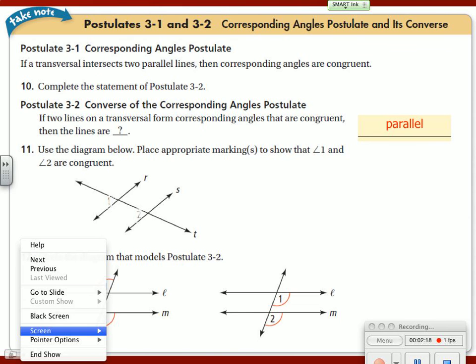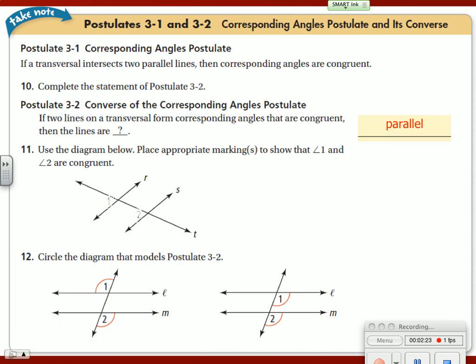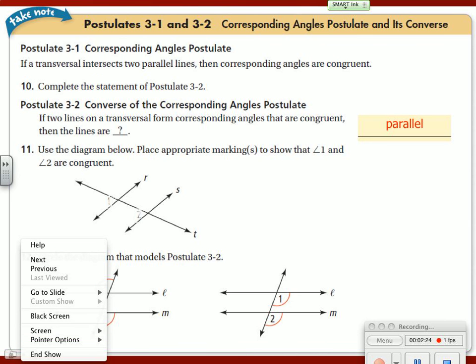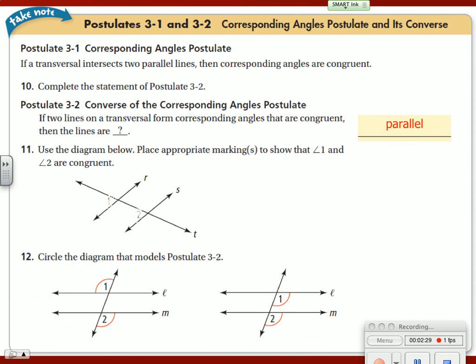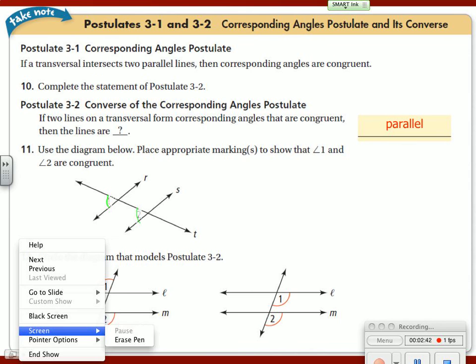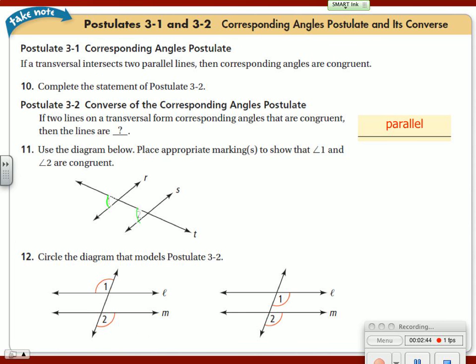Maybe if I white out the numbers. All right, so those angles should be marked appropriately. There we go. Go to pointer options, pen color. Let's make it green. Angle 1 and angle 2 should be marked appropriately. Very good. That took a little bit of time. Let's continue on.